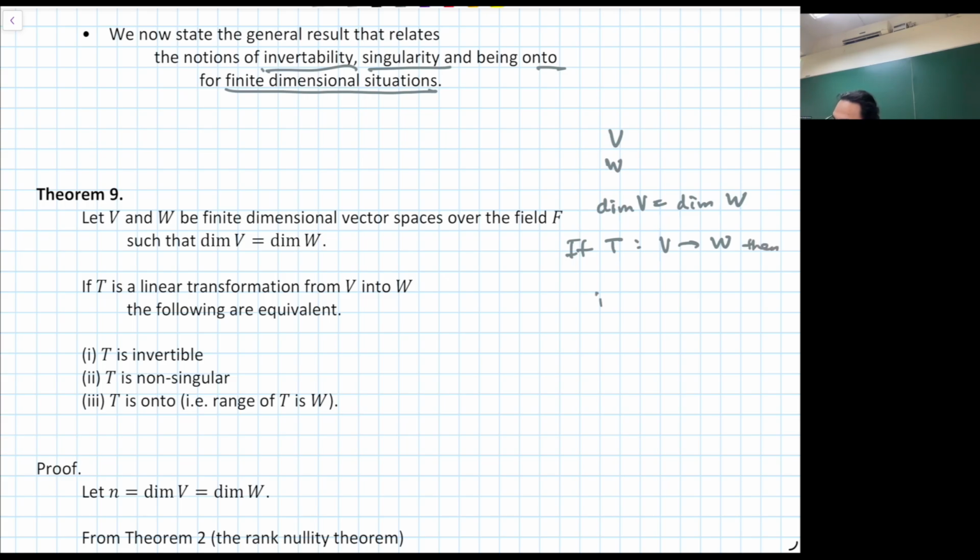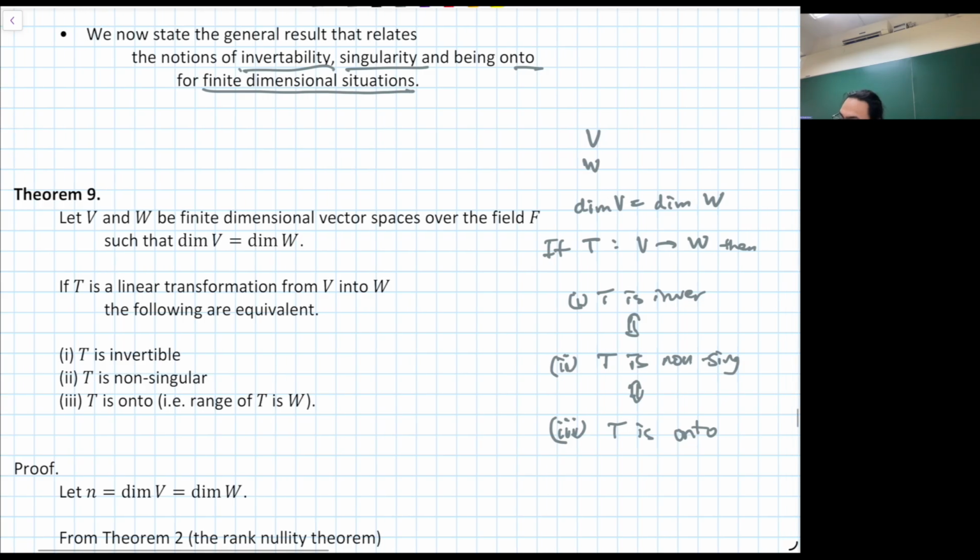T is invertible, T is non-singular, T is onto. That is the statement.